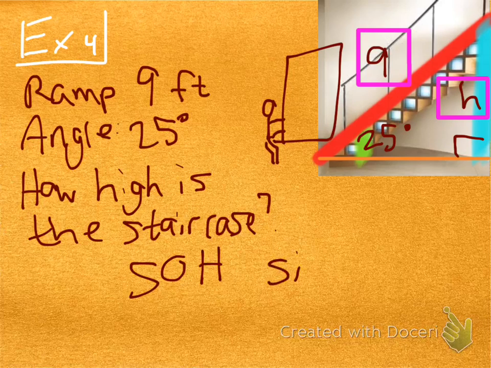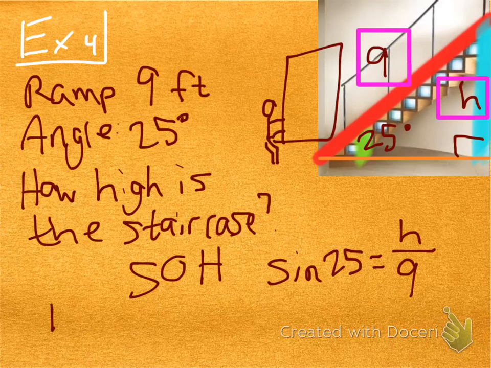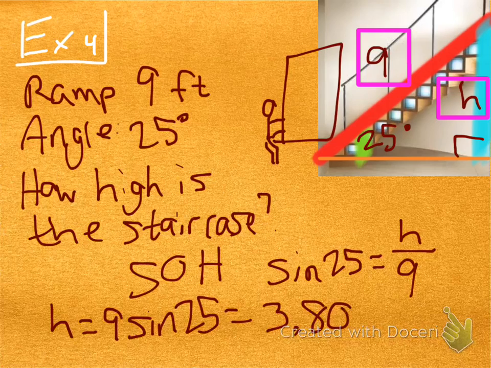So sine of 25 is the opposite, h, over the hypotenuse, 9. And to solve this, you get h equals 9 times sine of 25, which is approximately 3.80 feet.